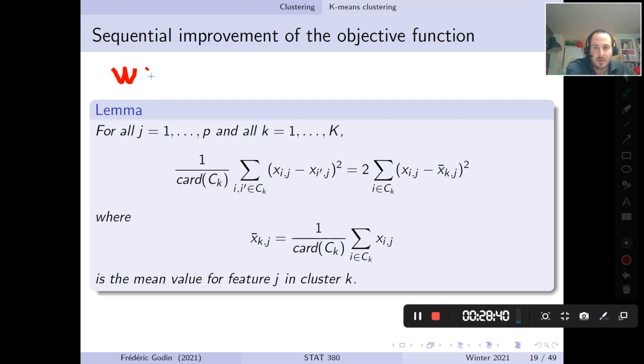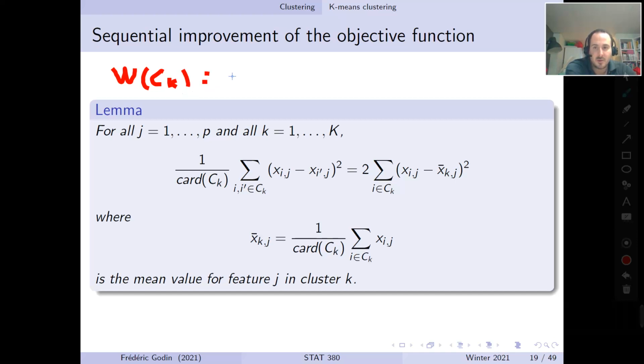WCk was equal to 1 over the cardinality of Ck times the summation across all i and i prime, which are observations within cluster k, of the squared Euclidean distance between xi and xi prime.